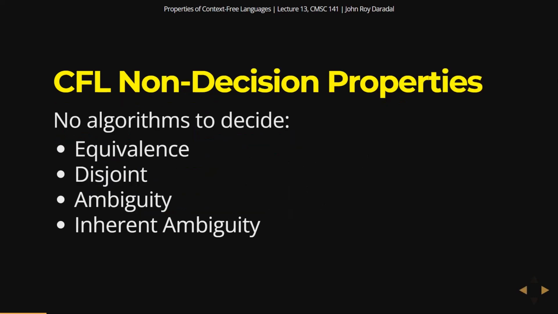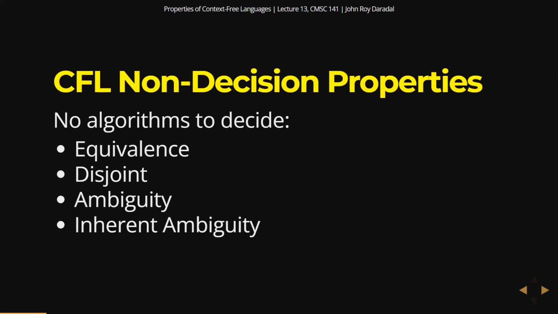Note that there are no algorithms to decide equivalence, or if they are disjoint, meaning they don't have any common strings. So given two languages, are they disjoint? Also ambiguity of the language and inherent ambiguity. Is it ambiguous? Like if you draw up a parse tree of one string, will it produce two parse trees, or two leftmost or rightmost derivations?